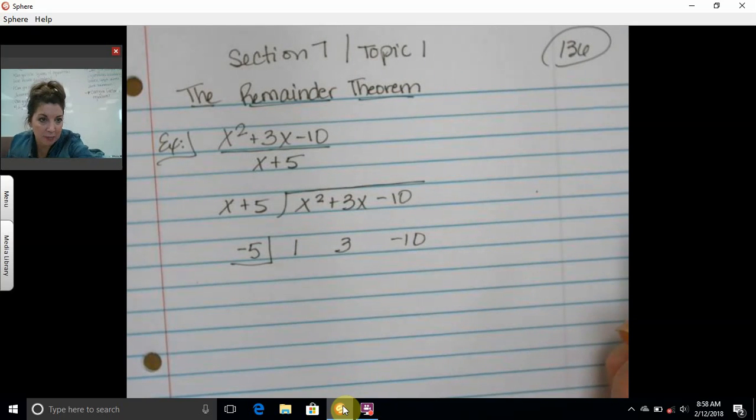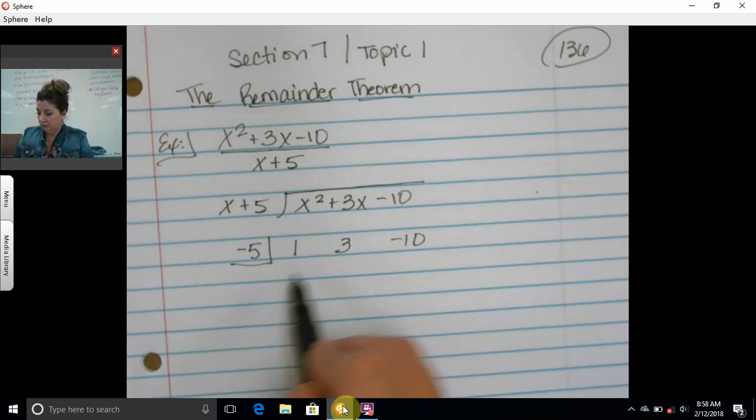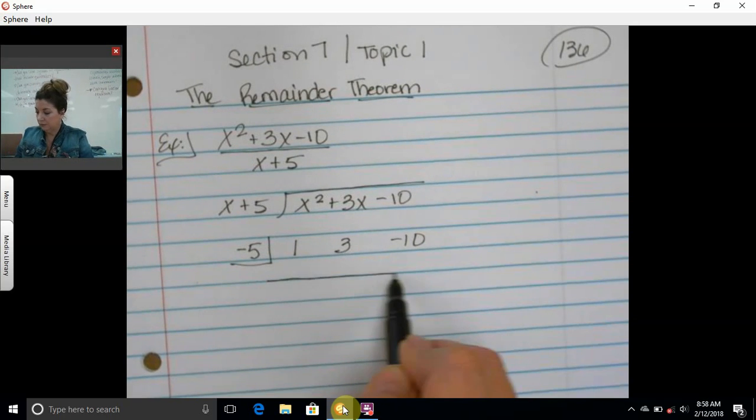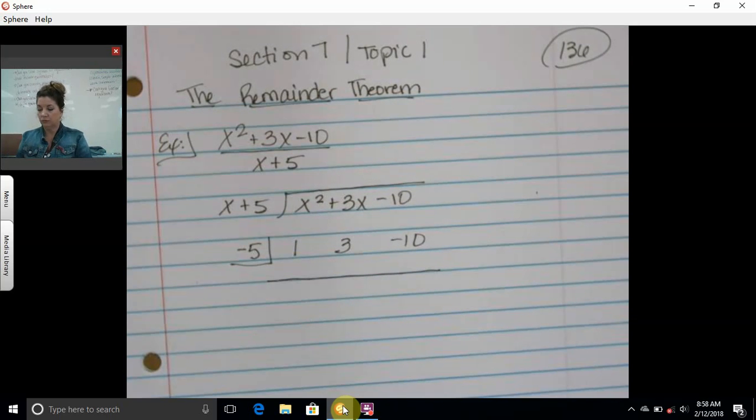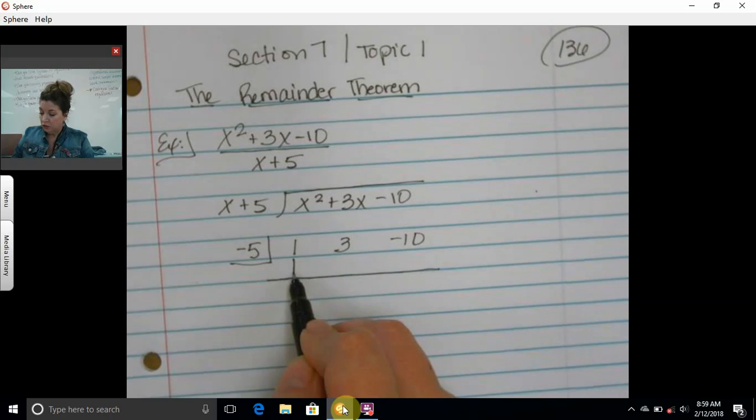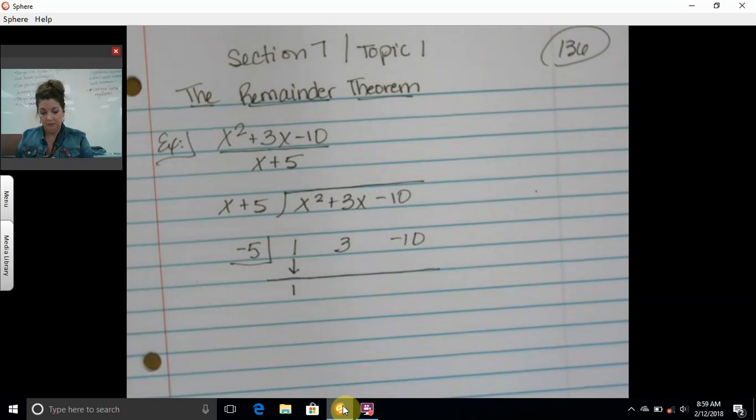Then remember, we skip a line and draw a line. Y'all remember this? No? Okay. The first term, you just drop down below the line.